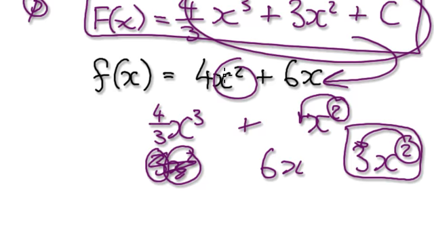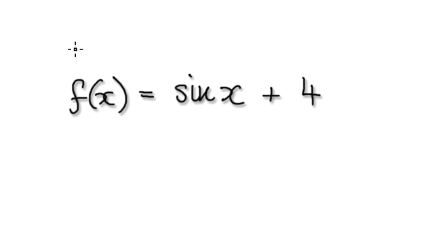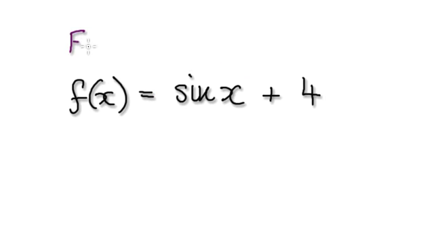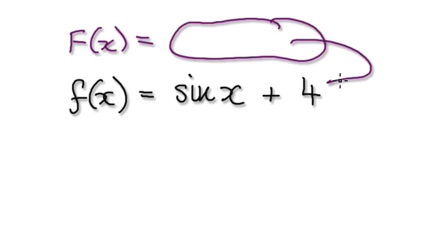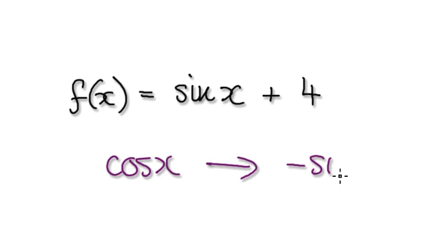Okay, let me give you another example. Finding the antiderivative of this would be you trying to find a function that, when you differentiate it, will give you this. So start out with our guess for this one. If you start out with cos of x, when you differentiate cos of x, it will give you minus sine of x.